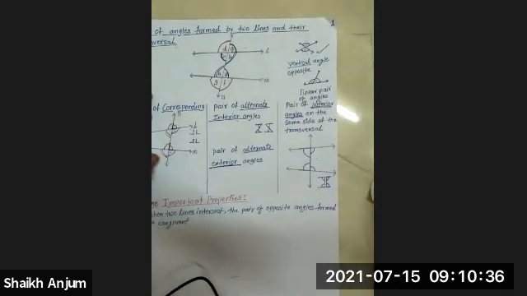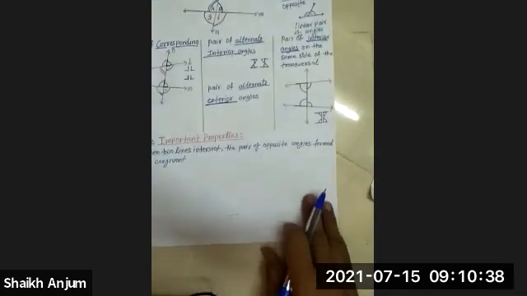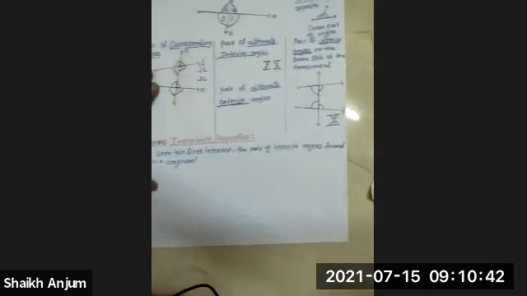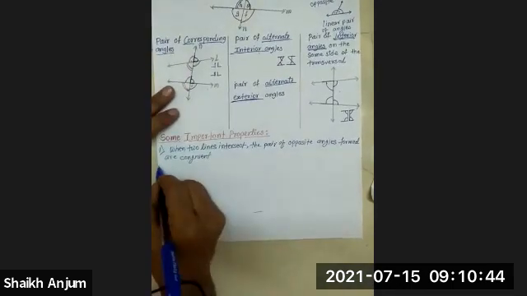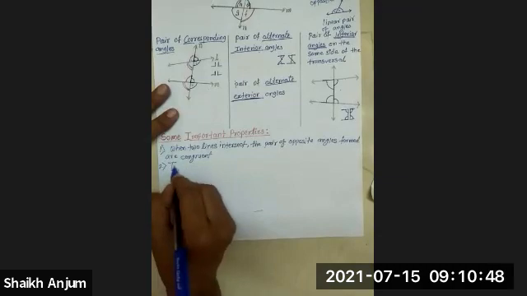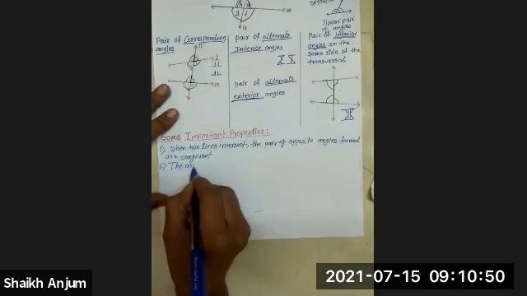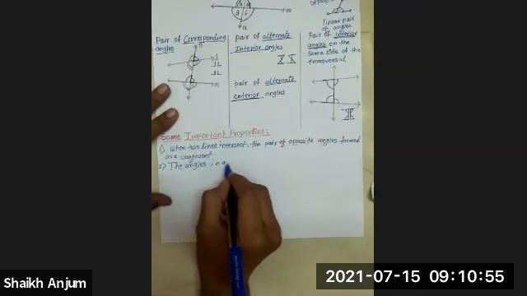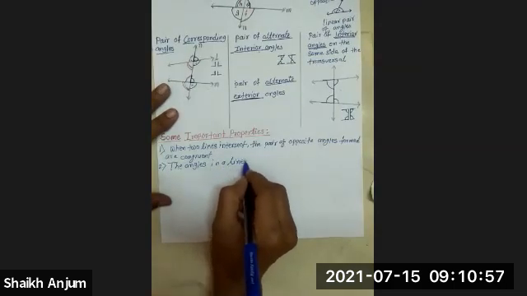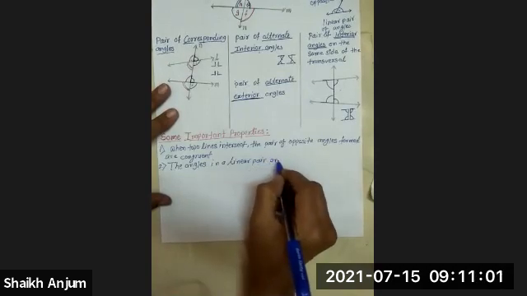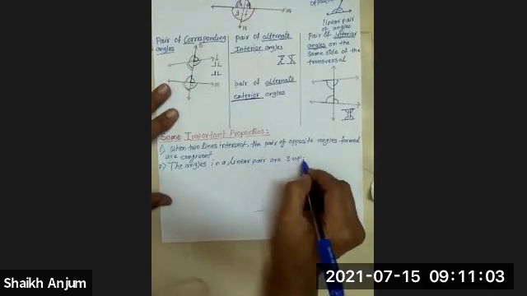This is the property. Then the second property: the angles in a linear pair are supplementary.